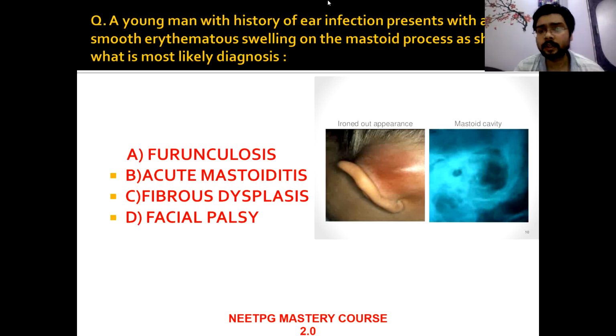So the scenario given here points more towards acute mastoiditis, that is the ironed out appearance of the mastoid, which is the result of acute mastoiditis and not furunculosis. So do see the differences between furunculosis and acute mastoiditis, and in coming videos I will discuss these things in more detail. So I hope this small session has helped you to clear the concept.